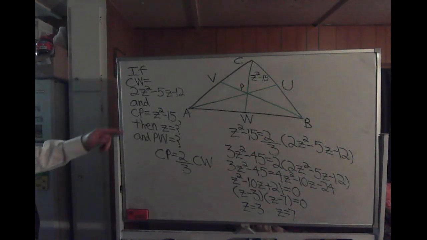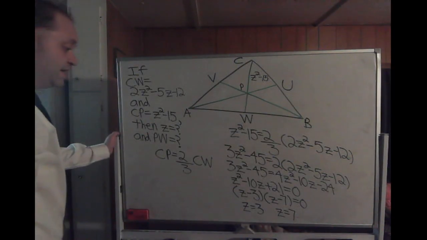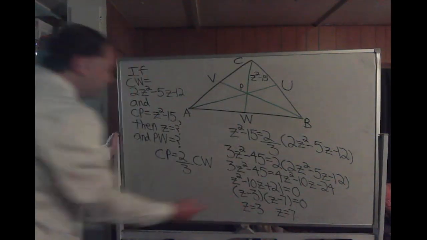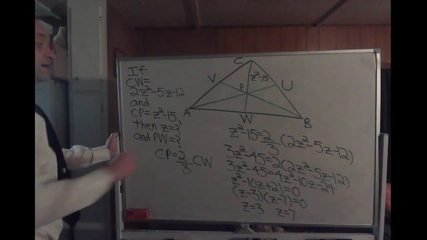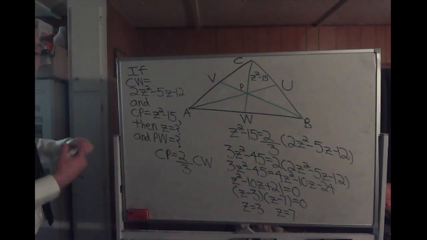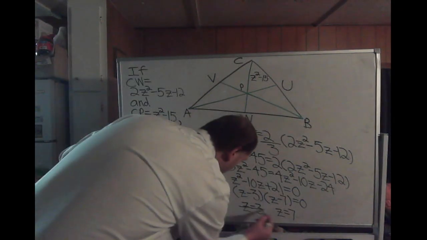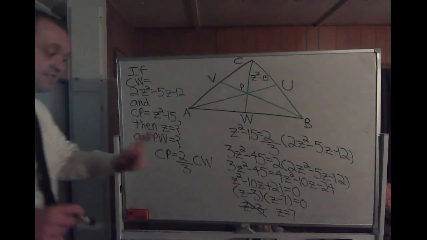If you stick in, let's do CP here. Stick the z value in for that. Let's stick z equals 3. So 3 squared is what? 9. 9 minus 15 is negative 6. Well, we can't have a negative length, so right away z equals 3 goes out the window. Now what about z equals 7?